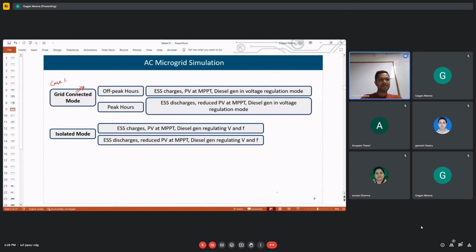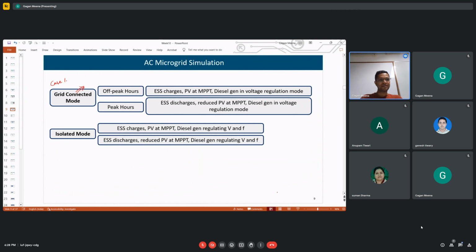So if the reference current for both the inverters is the same, what will happen to the interactive current? Zero. Yes, the interactive current will be 0 if the reference for both the inverters is the same.